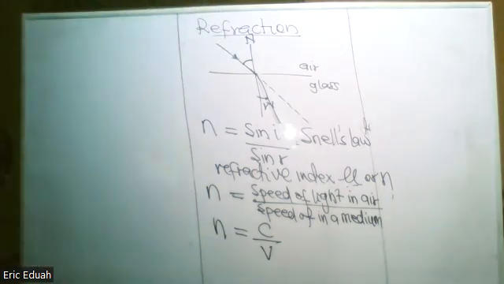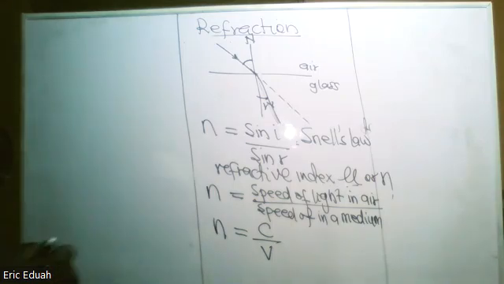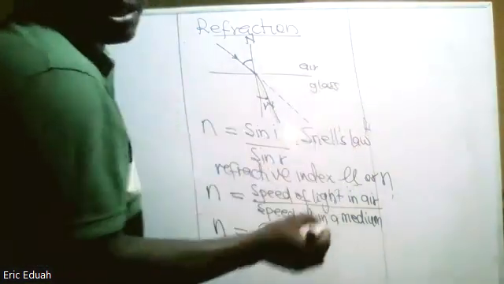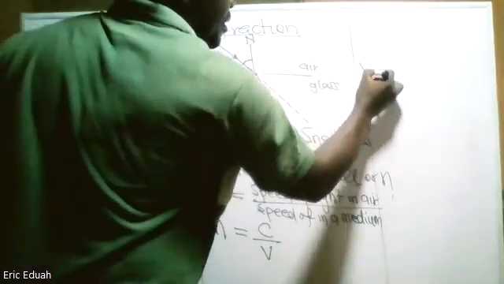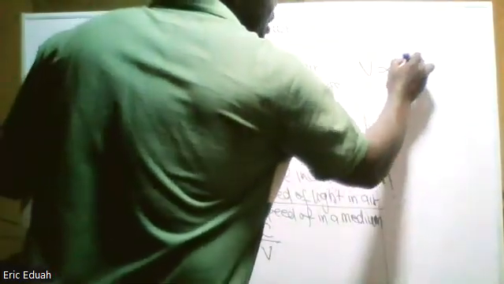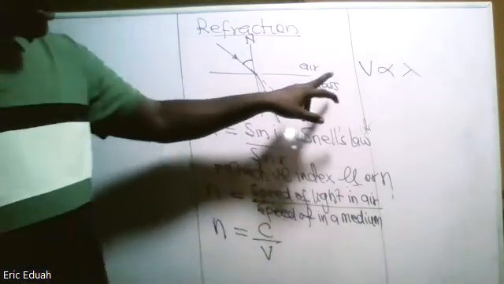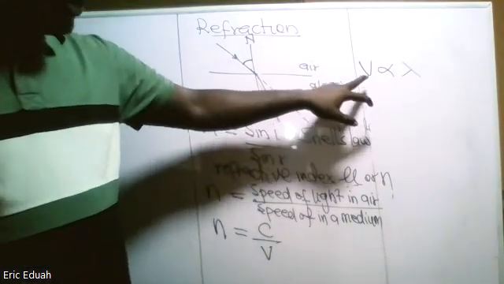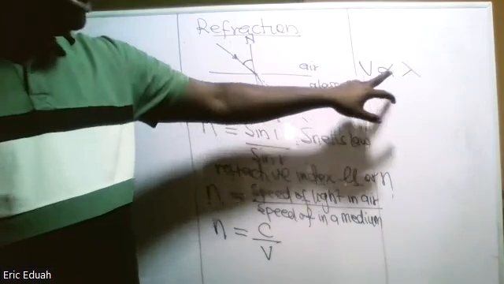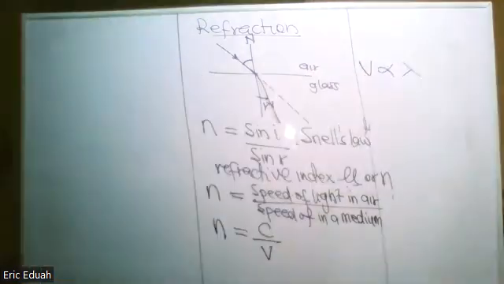Another way to represent refractive index. You see, the speed of a material, V, is directly proportional to its wavelength. So it means that when the speed increases or decreases, the wavelength would also increase or decrease.